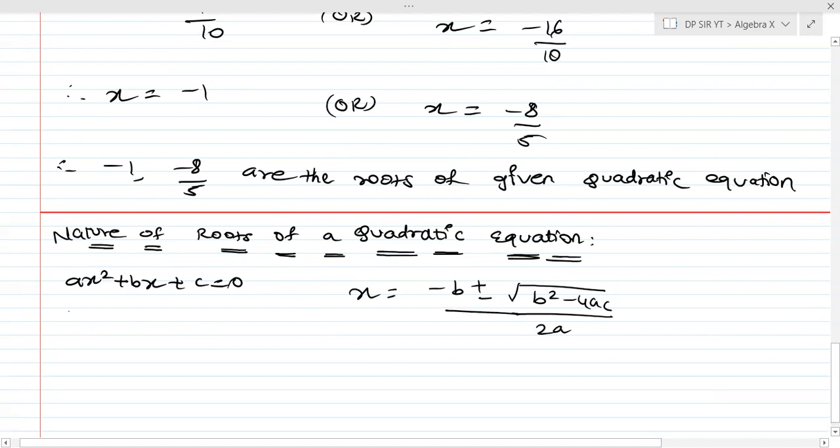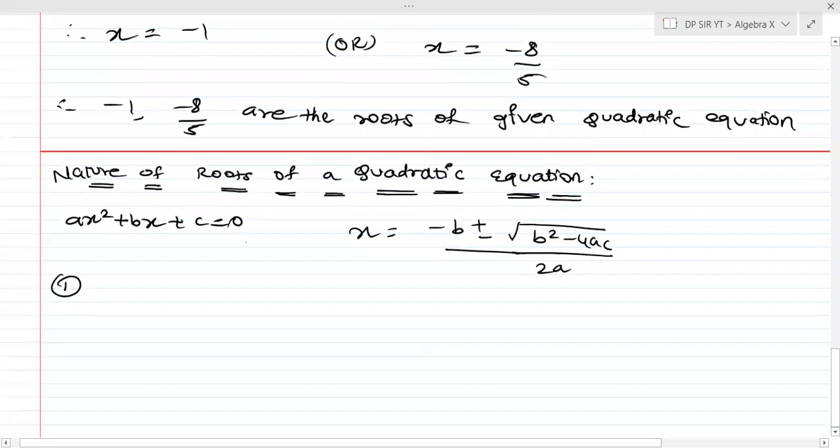Now see, there are three types of roots that we are going to study. Suppose this b square minus 4ac is equal to 0, then what will the value of x be? See, these three are different cases.